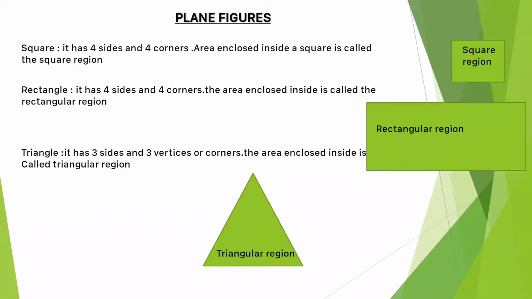Triangle has 3 sides and 3 corners, otherwise known as the vertices. Here the area that is enclosed in triangle is known as triangular region. This is the triangular region.